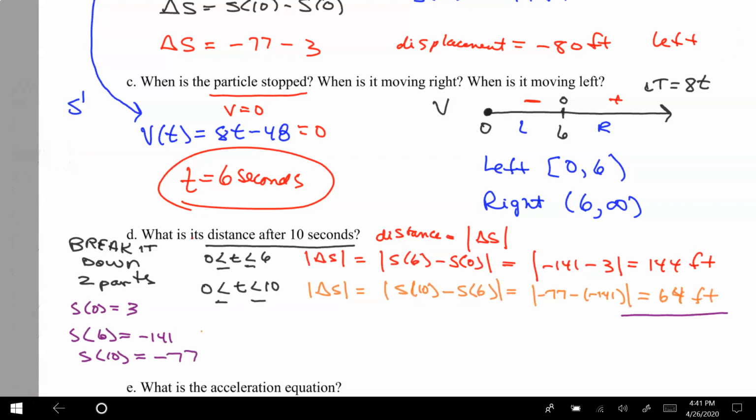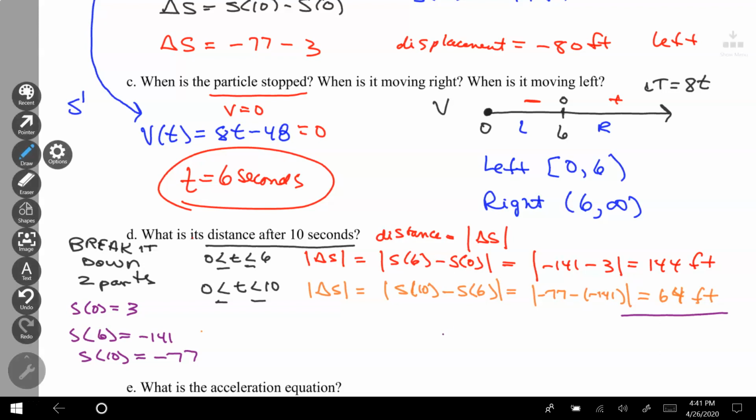Okay, so I broke it down into my two parts. At 0, my position was 3. At 6, my position was negative 141. And at 10 seconds, my S of 10, or my position, was negative 77. Distance is the absolute value of your displacement. So I did the absolute value of delta S from 0 through 6, and the absolute value of the delta S from 10 to 6, and I got the result.